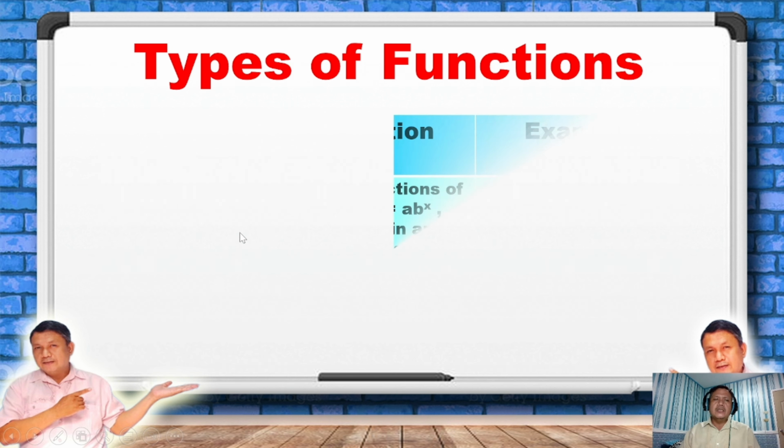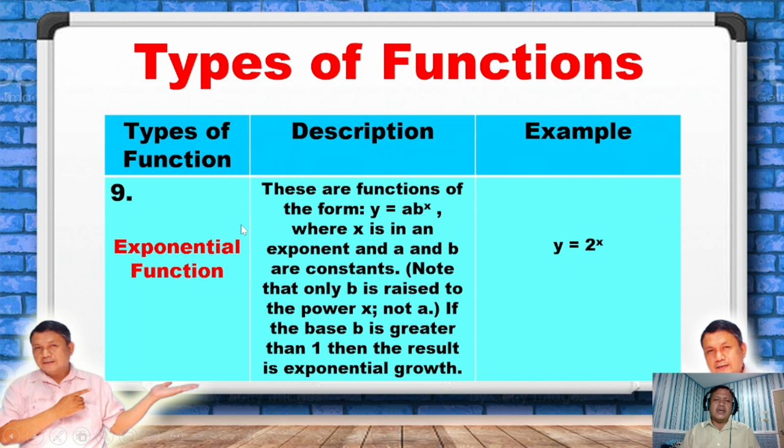Number 9. So, number 9, we have the exponential function. Ano naman ang pinagkaiba niya sa ibang function? These are functions of the form y is equal to ab raised to the x, where x is in an exponent and a and b are constant. Note that only b is raised to the power of x, not a.